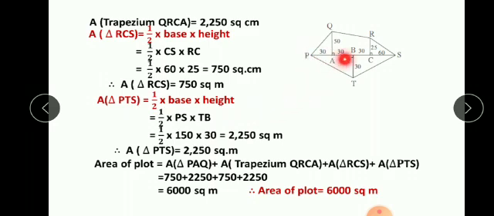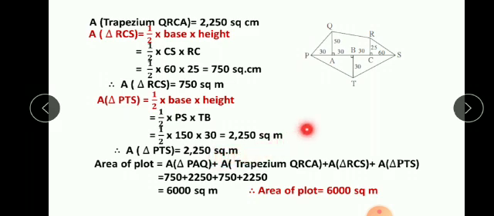This P to S, how many meters? 30 plus 30 plus 30 is 90, 90 plus 60 is 150. So PS is 150 and TB is given as 30 meter. So 150 into 30, multiplied with half. What will you get? 2250 square meter. This is the area of triangle PTS, that is 2250 square meter.